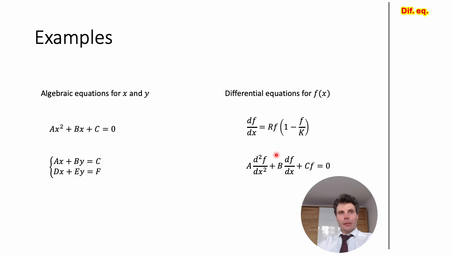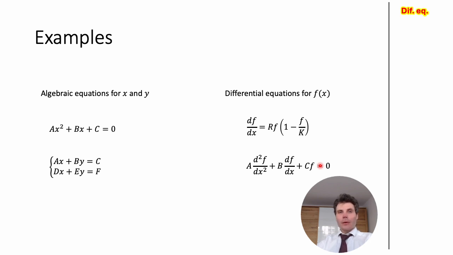Another example is the expression that links two derivatives of first order and of second order together with the function itself, and also equalizes it to 0 in this case. Or here can be some other known function of f or of x. To solve such an equation means to find f as the entire function.